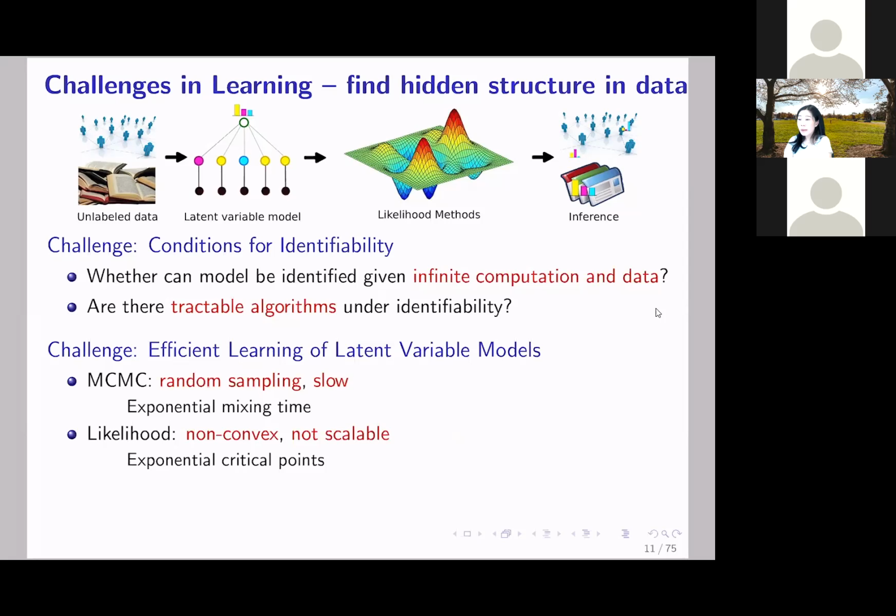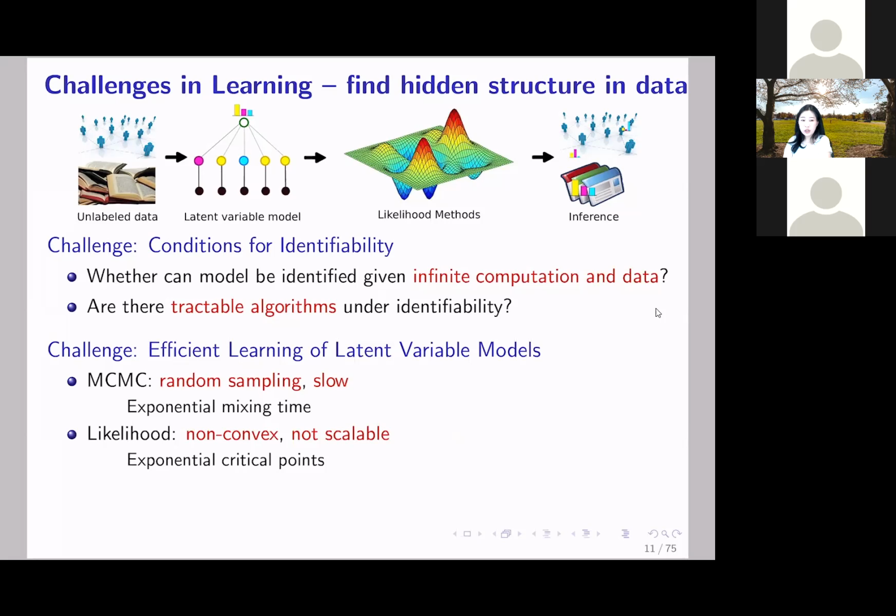Even for the lower bound, we are optimizing over a lower bound and we do not have control over it either. What's more concerning is that if you have a non-convex function, then you could have exponentially many critical points. Again, by exponential, I mean exponential in terms of dimension.